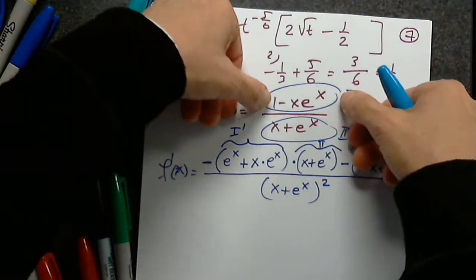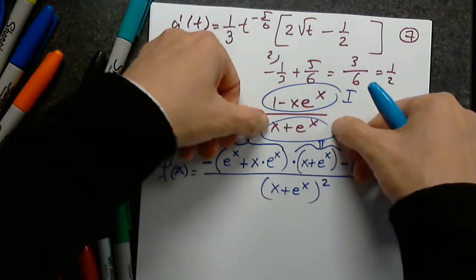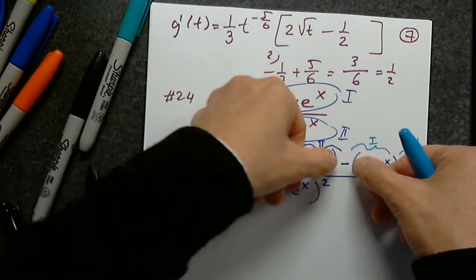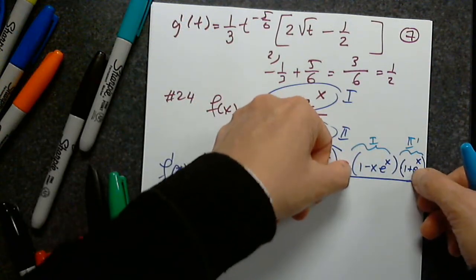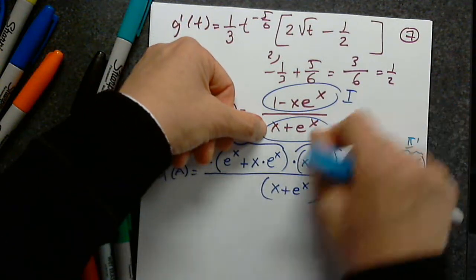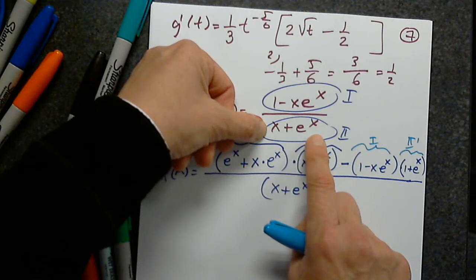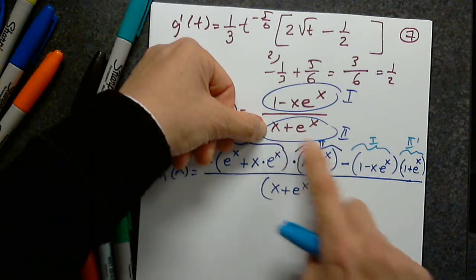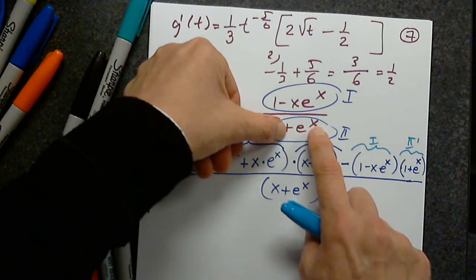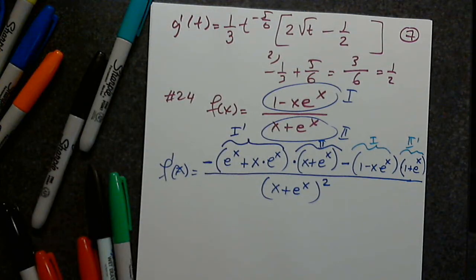So I'm done differentiating the top. I copy the bottom. Then I have minus. I copy the top times. I differentiate the bottom. This is easier because it's a sum, no products. X prime is 1 plus e to the x prime is e to the x. This is not done by any means.